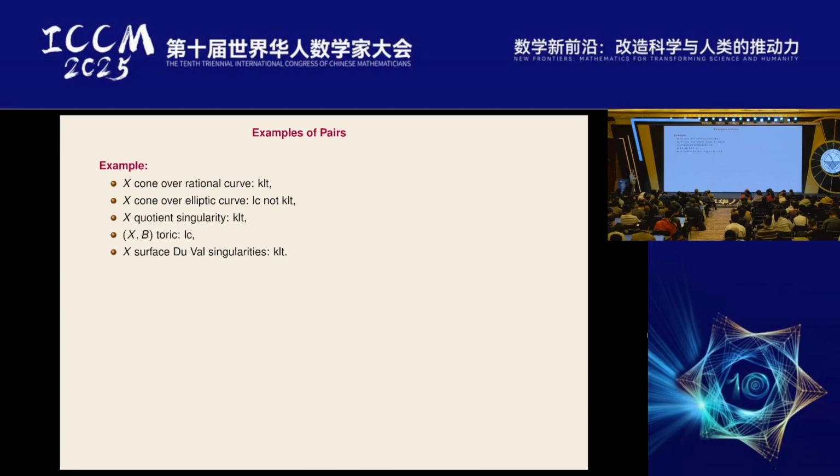Okay, and if you take a quotient singularity, so that means taking the quotient of a smooth variety by a finite group, then you always get KLT singularities. If you look at the toric world, if your X is a toric variety, and your boundary, all the components are toric, torus invariant, then you always get log canonical singularities.